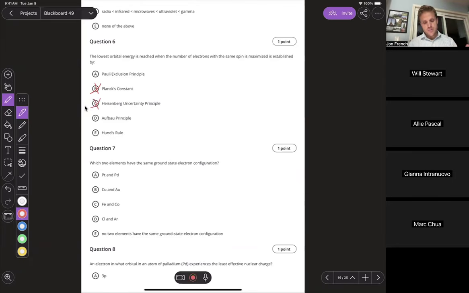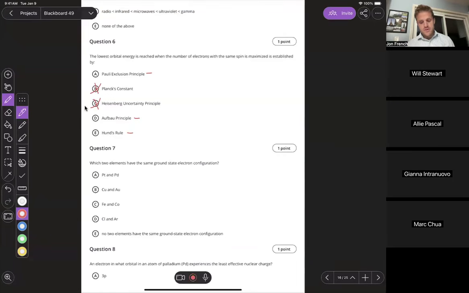Heisenberg's uncertainty principle basically says we can't exactly say the position and momentum of an electron at any point in time. So we're just left with these three right here.